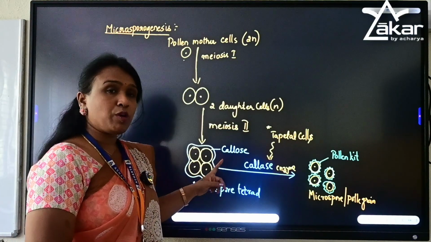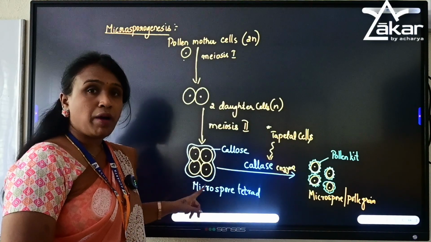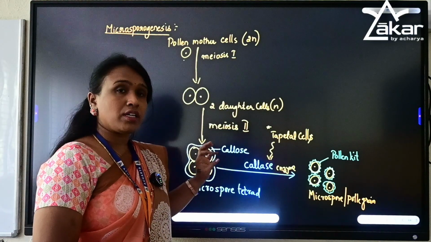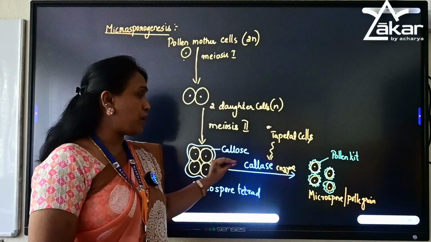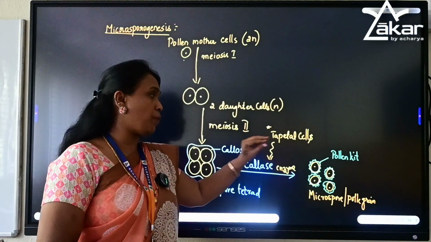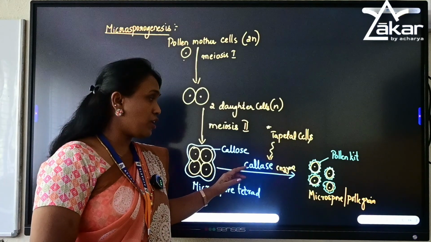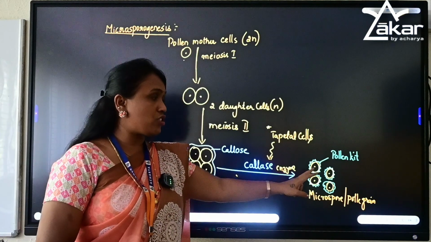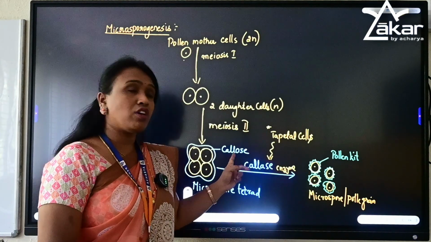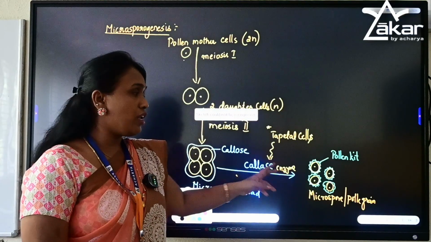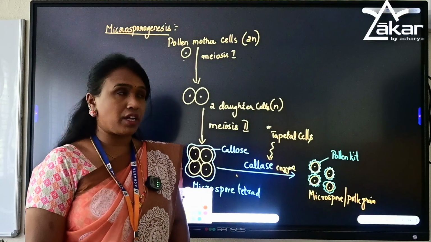This microspore tetrad is surrounded by the callose. Callose is the coat produced by the tapetal cells. The same tapetal cells also produce callase enzyme, which dissolves or digests the callose, releasing the pollen grains freely.